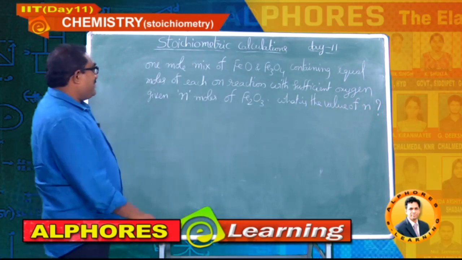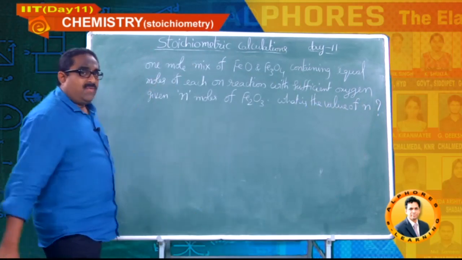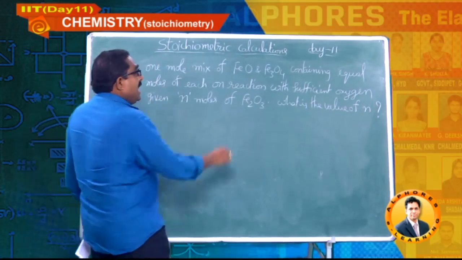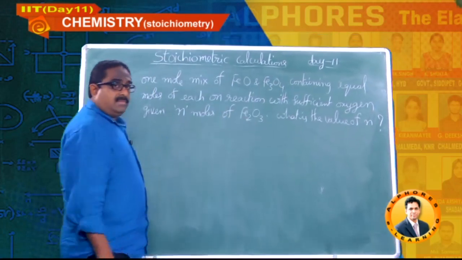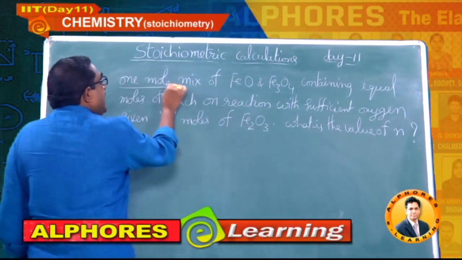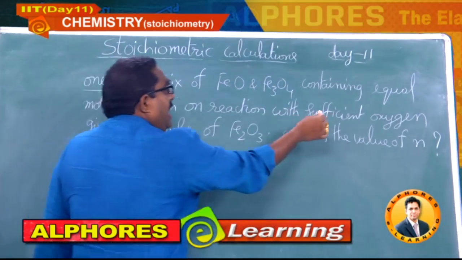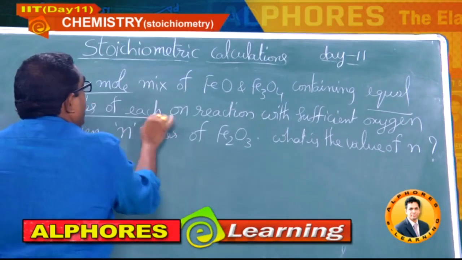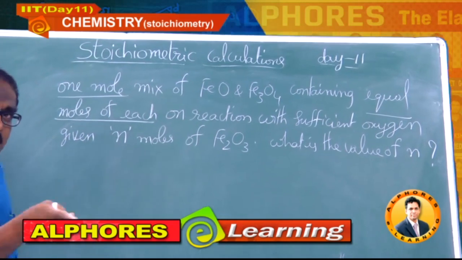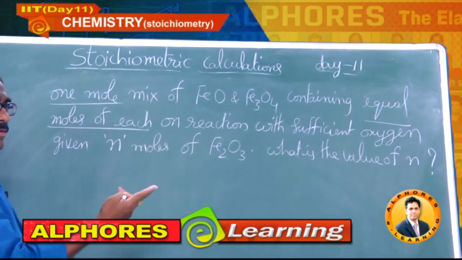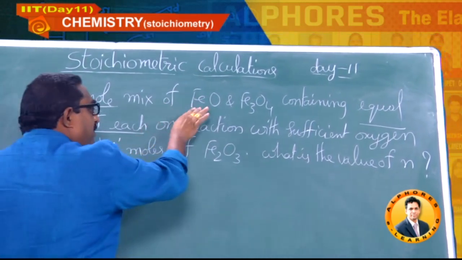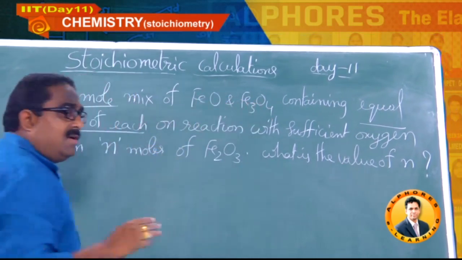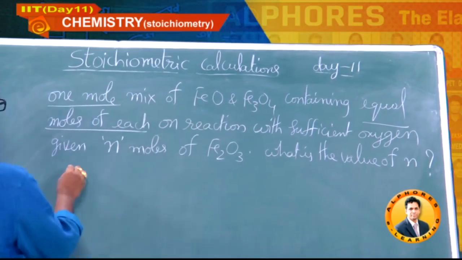Very important question. He has given a mixture of FeO and Fe3O4. 1 mole mixture he has given, and he is saying equal moles of each. Within the 1 mole, equal moles means 0.5 mole of this and 0.5 mole of this. First of all, let me write down.